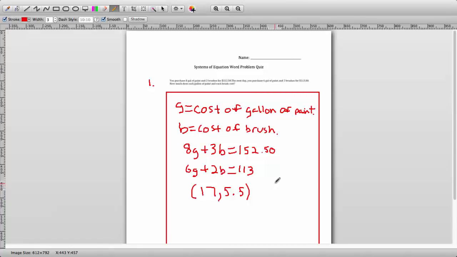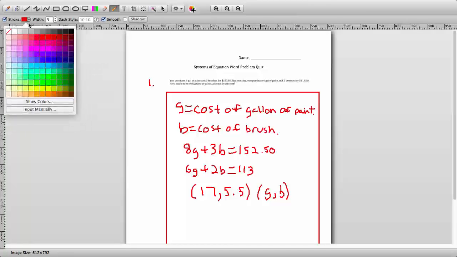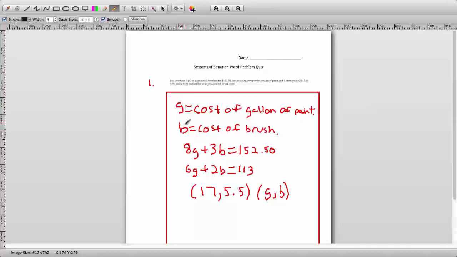I have defined mine as G comma B. Thus, in context, this point represents 17 is the cost of a gallon of paint and $5.50 is the cost of a brush.